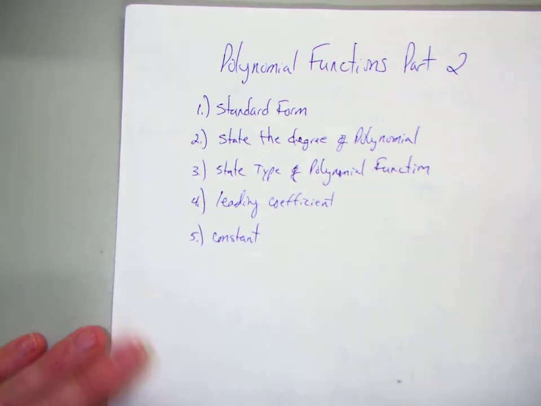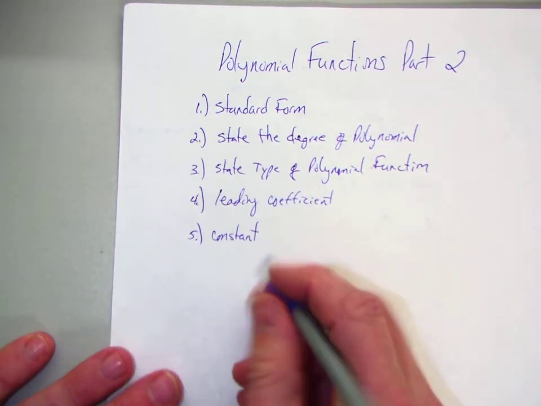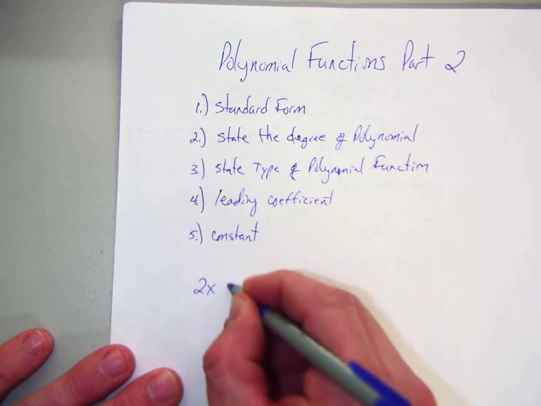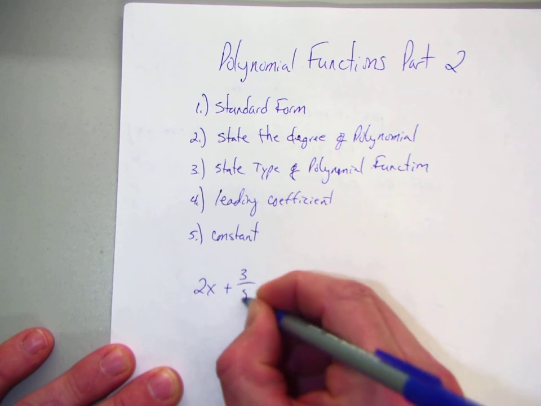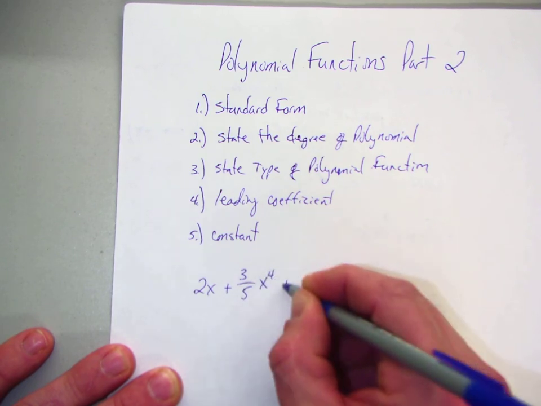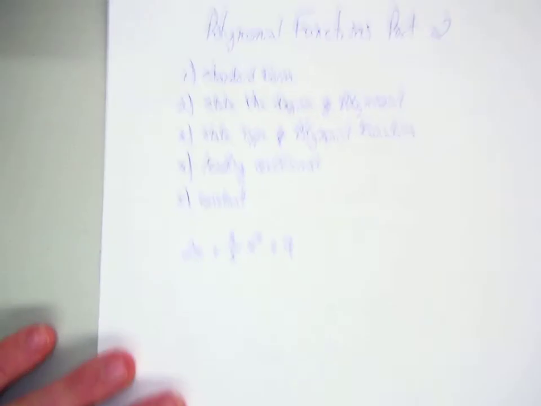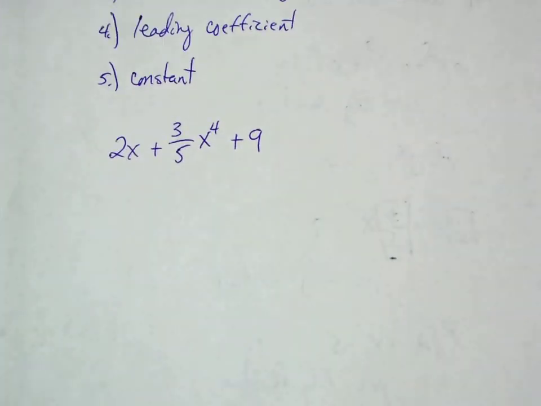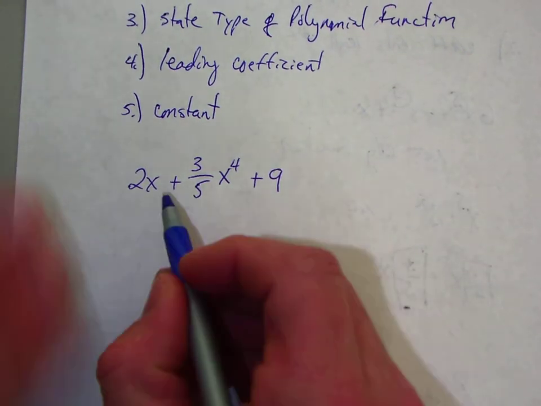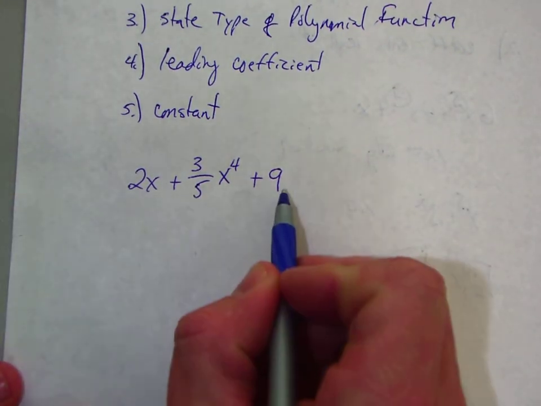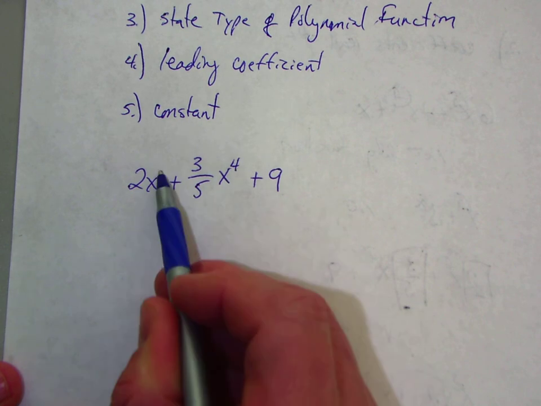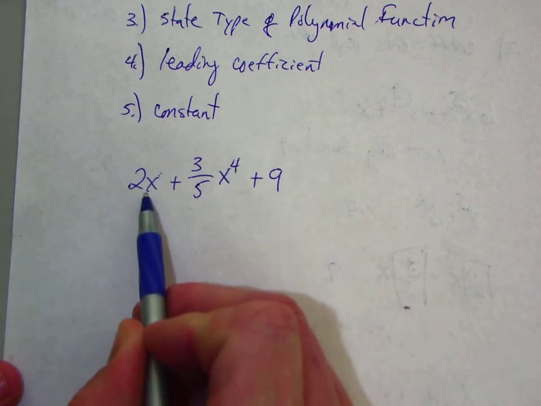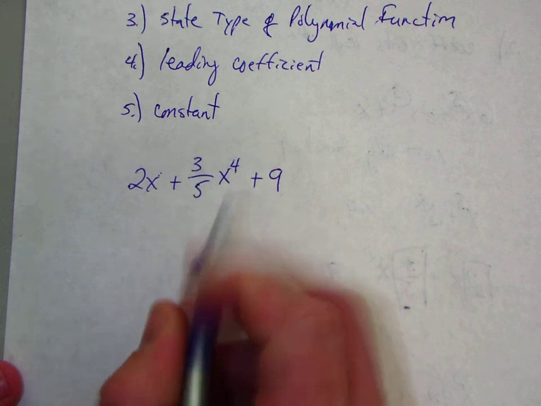Alright? So for example, let's look at the one we did in the previous video. We said that this was a polynomial function because the exponents, the 1 and the 4, are positive integers, and the coefficients, the 2 and the 3/5, were real numbers.